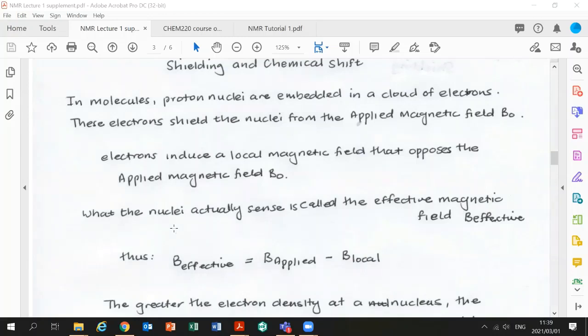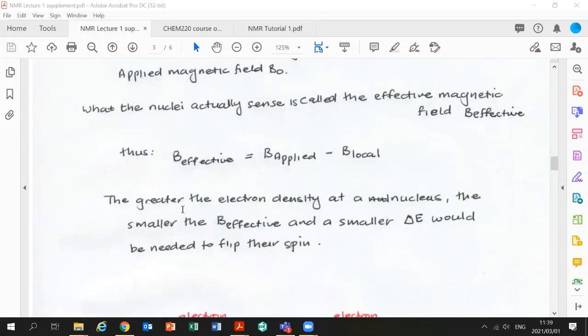And so what the proton actually experiences is not the full applied magnetic field. The proton experiences what we call an effective magnetic field. And that effective magnetic field just depends on how many electrons are around that particular nucleus to shield it.